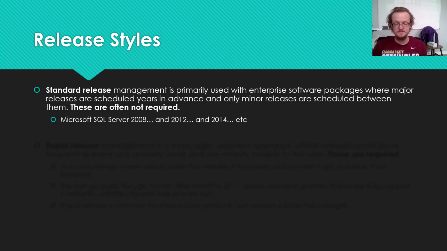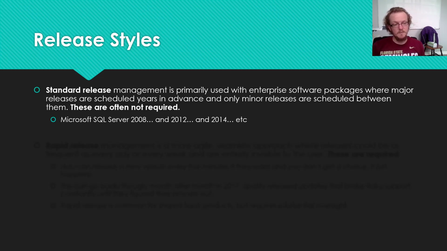So the first of these is the standard release way of performing release management. And what this means is that you have potentially a very long-standing schedule of releases that will come out. Typically these releases will not be required, and somebody can use, for example, Microsoft SQL Server 2008 for a very, very long time, even though SQL Server 2012 and 2014 and 2016, and so on and so forth, will come out subsequently, and they can upgrade to whichever of those versions they want as soon as the release becomes available.